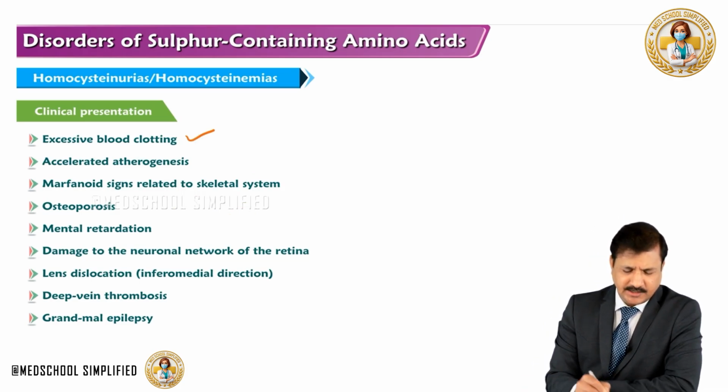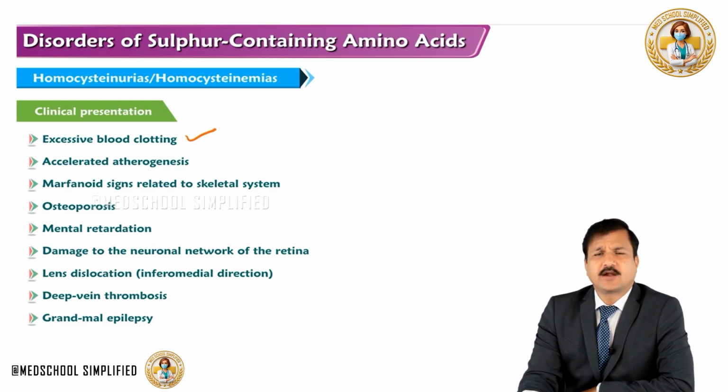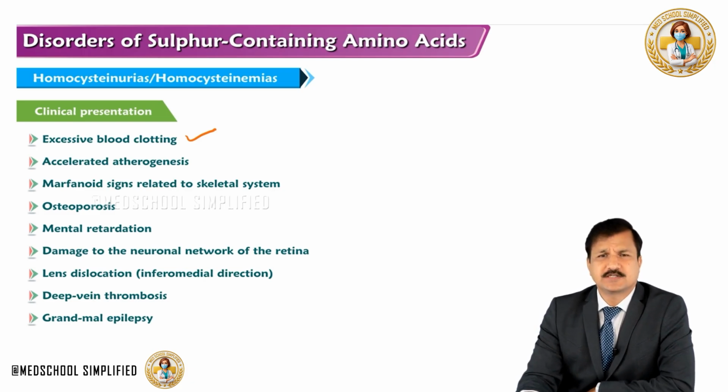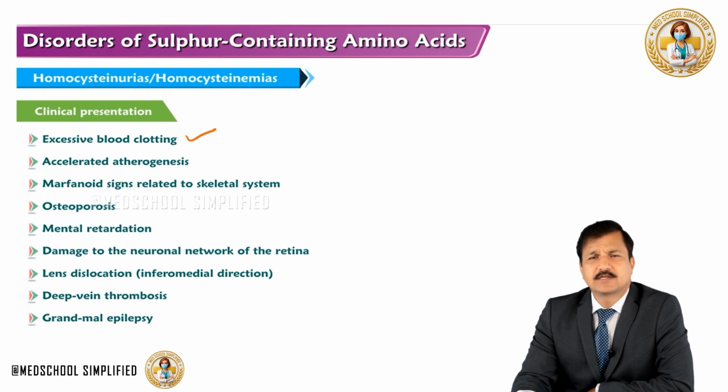Excessive blood clotting is one of the things that is seen here. That's because homocysteine interferes with the clotting mechanism, meaning it increases thrombosis. It decreases the anti-clotting mechanism, overall promoting the clotting process. It can cause endothelial damage, endothelial injury, lipid peroxidation.